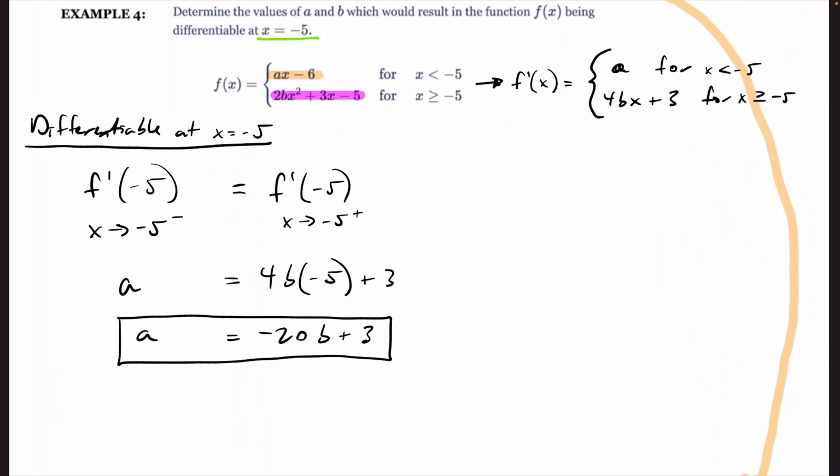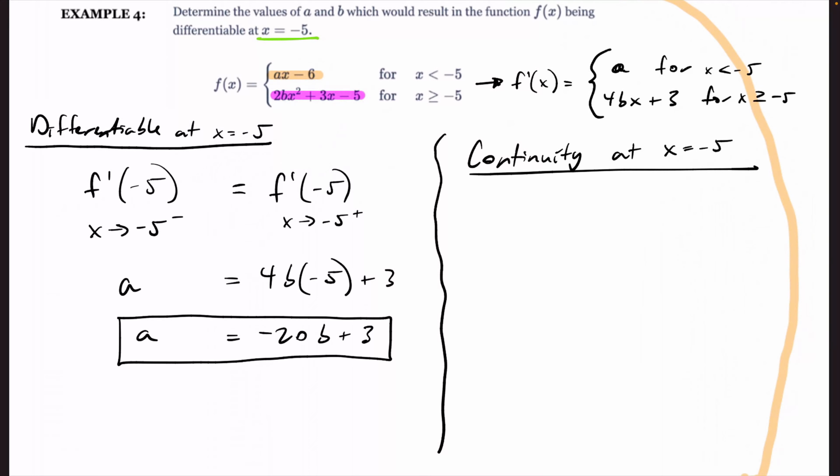So how am I going to build that? I'm going to use continuity this time. Because if it's differentiable, like it says it was, it also has to be continuous.